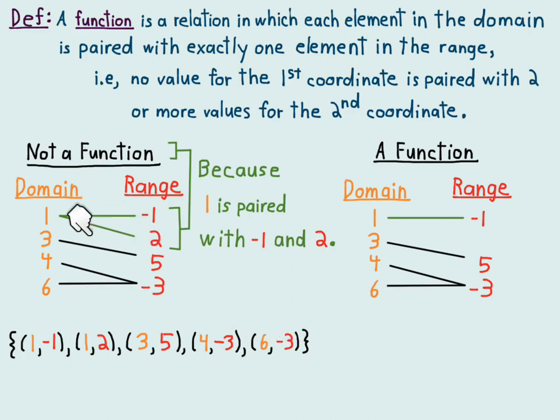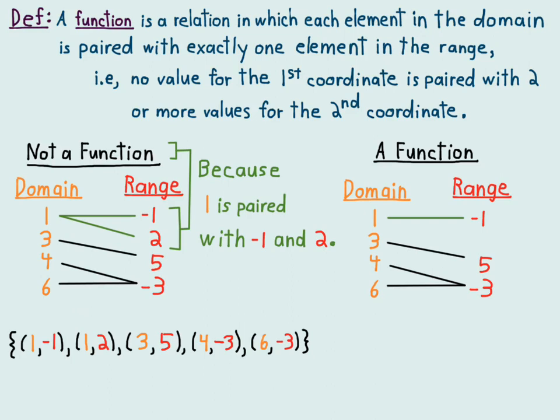And the thing that makes it not a function is the (1, -1) and the (1, 2). So notice, it's not going to be a function if the first coordinate is repeated. That's another way to think of it. The first coordinate is repeated, because that means it's paired with 2 different numbers.